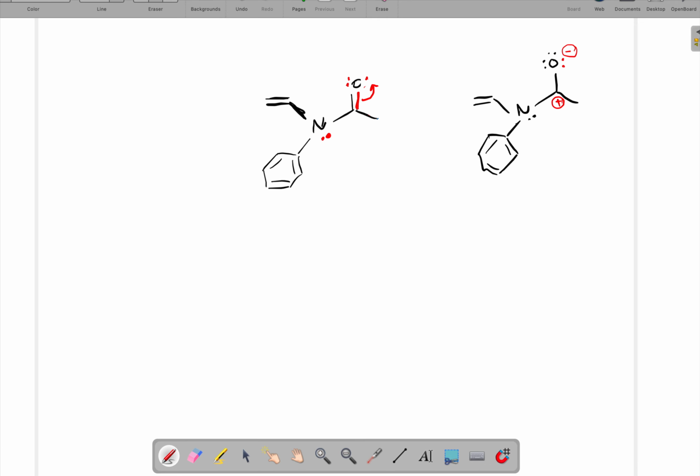Can you move this bond over here? Try it. I tried, but what about these lone pairs? Should I still draw the lone pairs or just consider? Did you get rid of them? Can you just delete them? No, they're still there. Which means if they're still there, what's the problem? Too many electrons. So can you move that pi bond there? I can, but it results in an invalid structure, right?